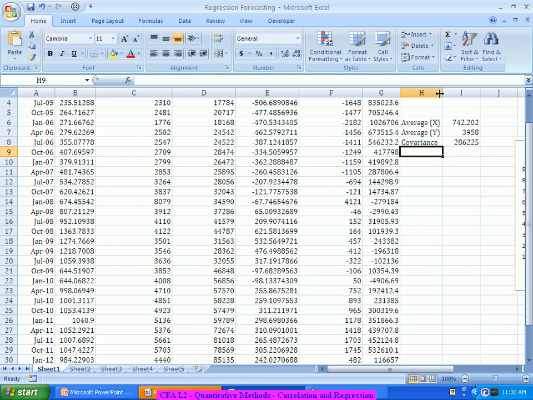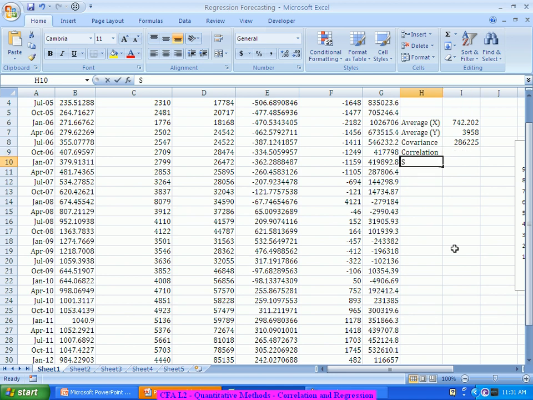So from that standpoint, a correlation has been introduced, which is simply the normalization of the covariance, which is nothing but covariance divided by the standard deviations of both of the variables.